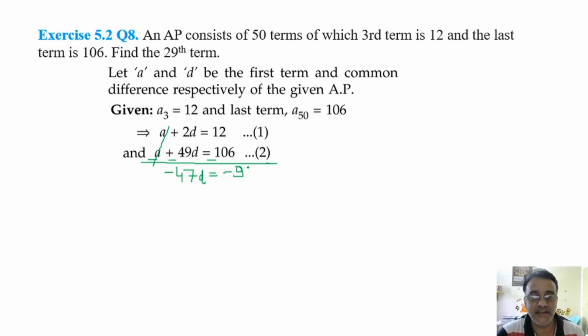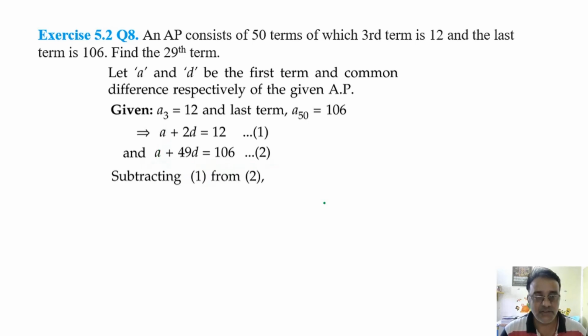Minus minus cancel, and what is the value of D? 2. So subtracting 1 from 2: if we subtract 2 from 1, both sides come with minus. If you subtract 1 from 2, in reverse, we will not get a minus sign. We will get directly 47D is equal to 94, and this will imply D is equal to 2.